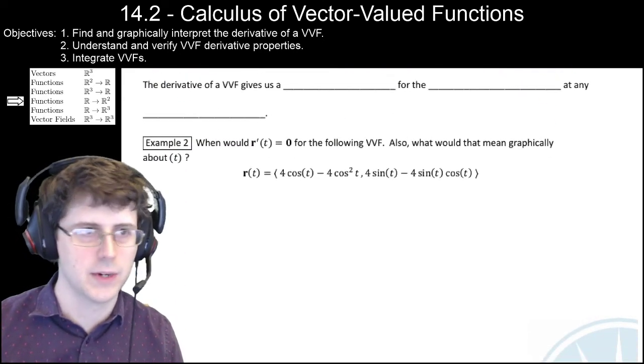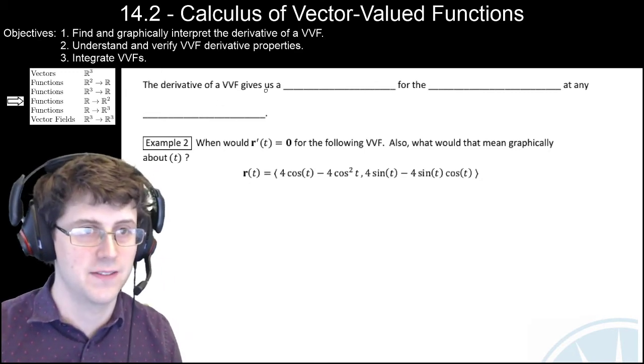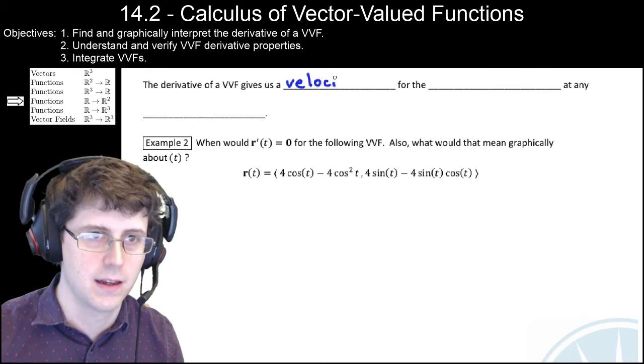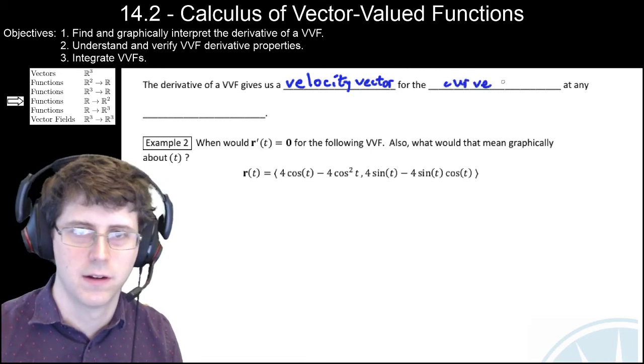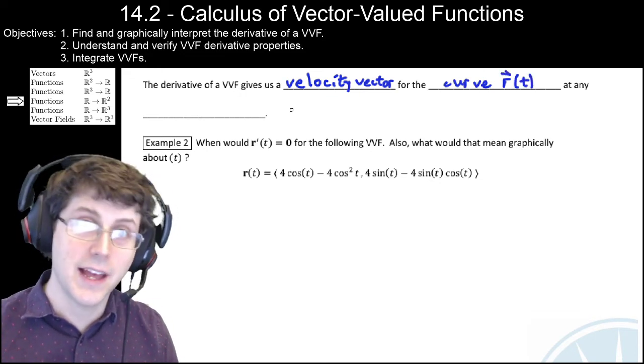Okay, so what is this? The derivative of a vector valued function gives us a velocity vector for the curve r of t, at any value of t.